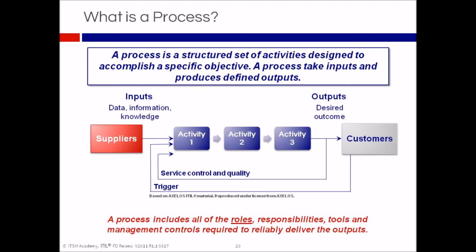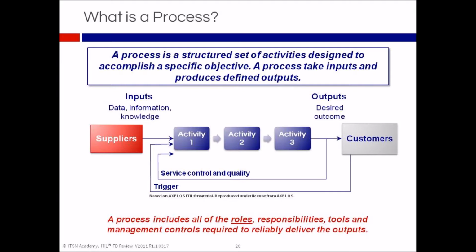Every process has to have a defined trigger, some event or some action that lets us know, okay, we're starting this process. We're now going to begin this set of activities. Processes also have to have defined as part of the process all of the roles and responsibilities and tools and management controls, or rules, so to speak, that you have to have in place in order to execute that process.